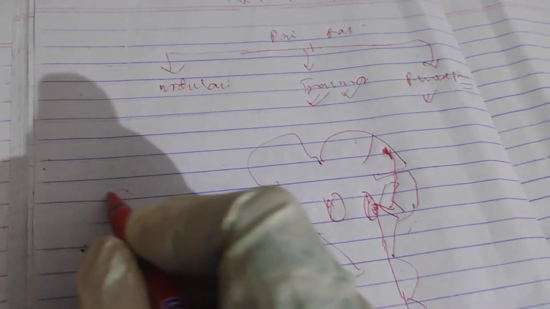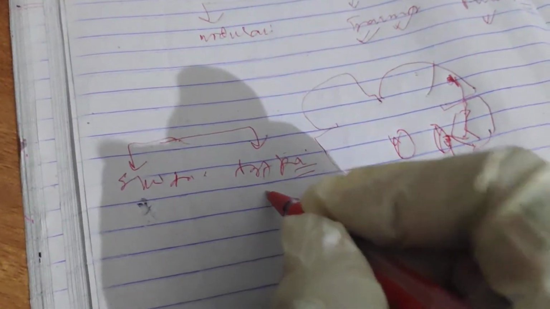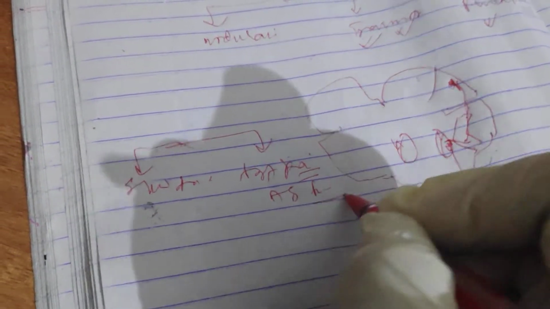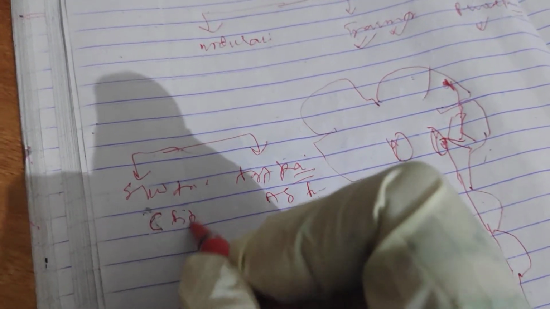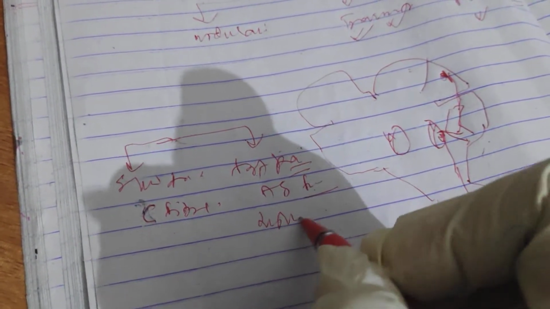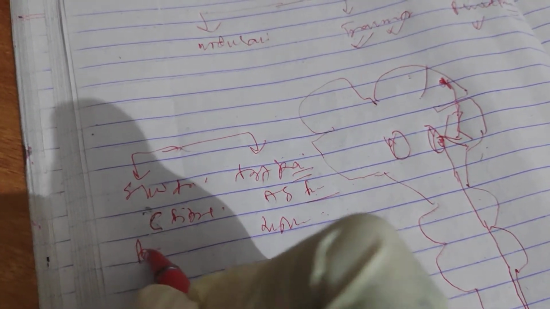Perception depends upon two factors, the slow pain and the fast pain. Fast pain is carried by the A delta fiber, whereas slow pain is carried by the C fiber. The A delta fiber is highly myelinated; the C fiber is poorly myelinated.